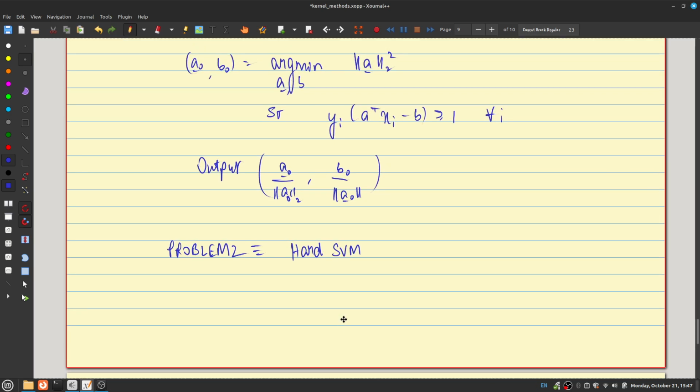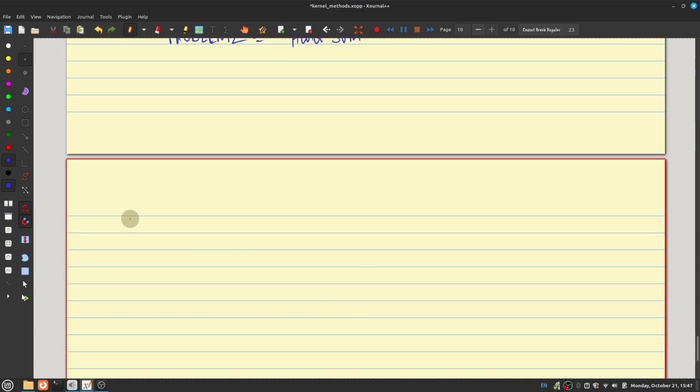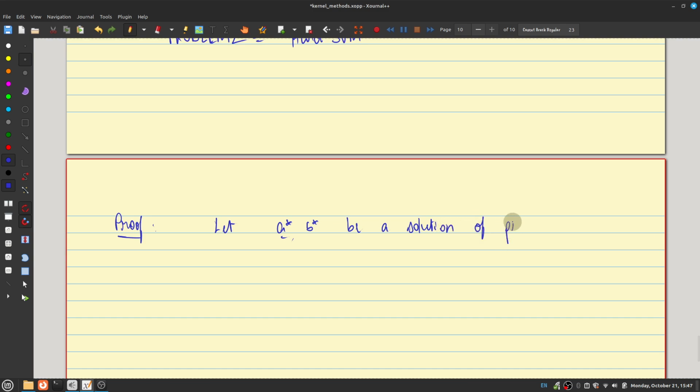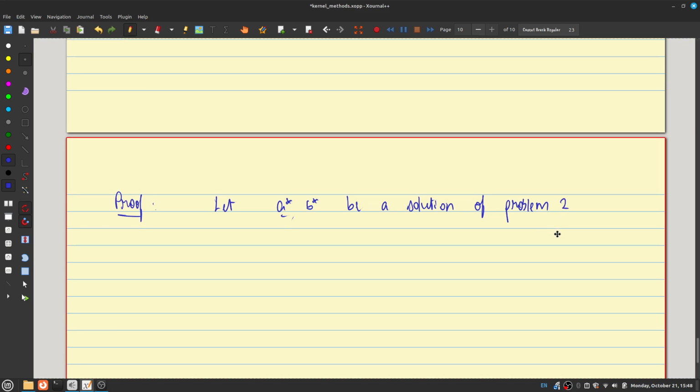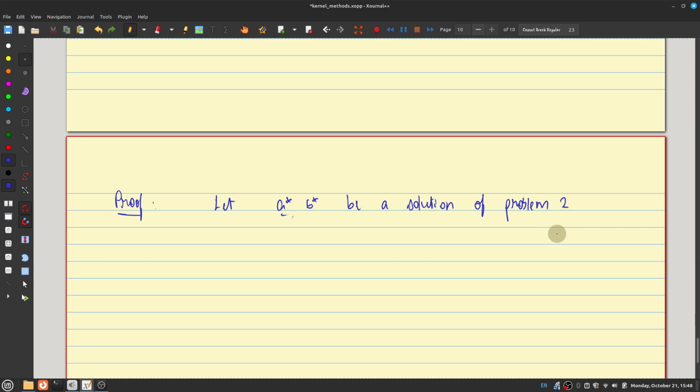To see why that is the case, let a star and b star be a solution of problem 2, and let the optimal value of the objective function for problem 2 be gamma star.